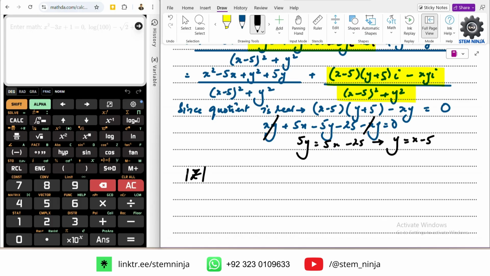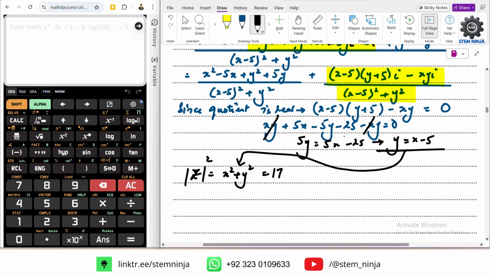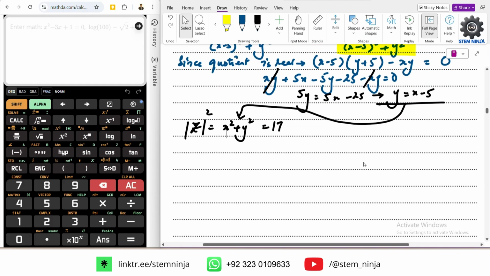We have mod z is equal to x squared plus y squared equals to 17, and then we would apply this thing right over here, and then we would get the same process. Right, just to finish this, we can do that.